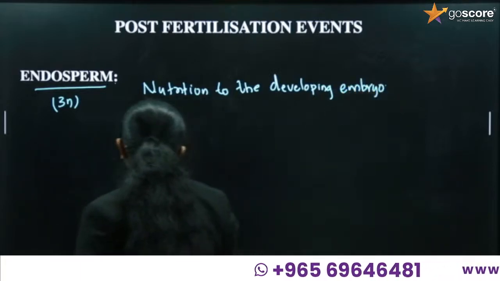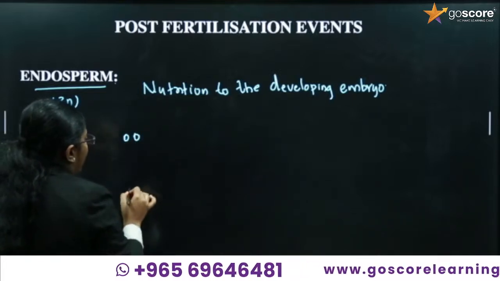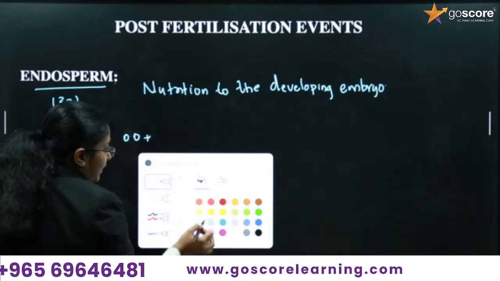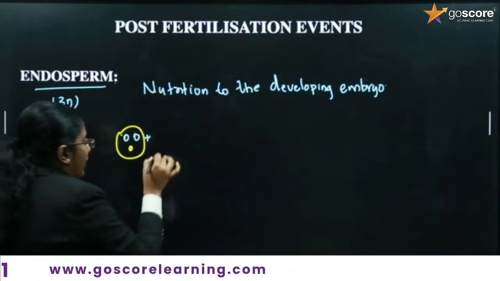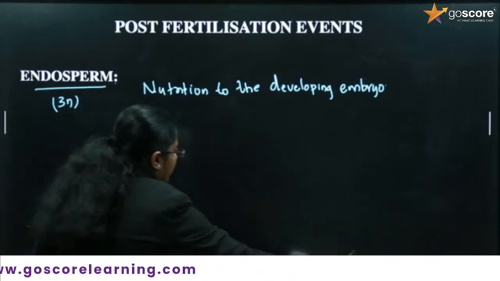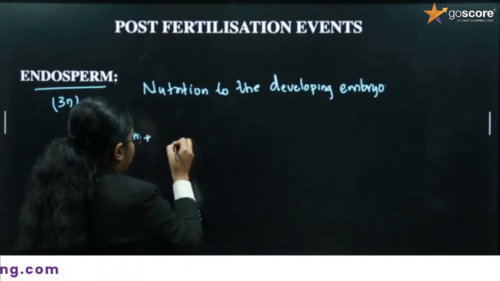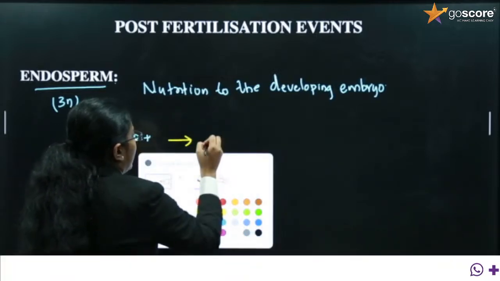So the central polar nuclei, there are two nuclei. Along with these two nuclei, the male gamete comes, and they all fuse together to form a single nucleus.